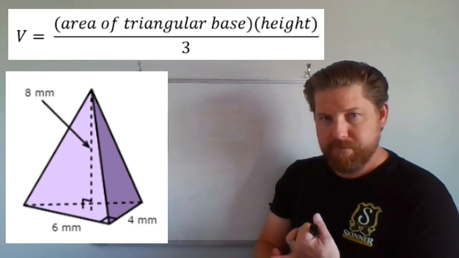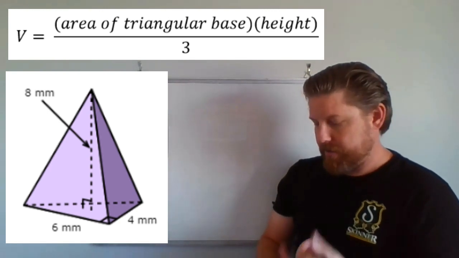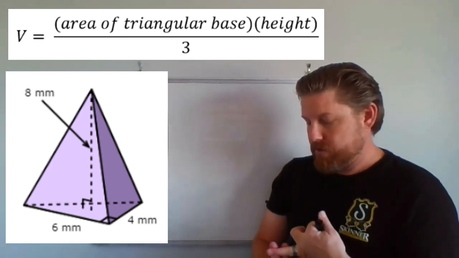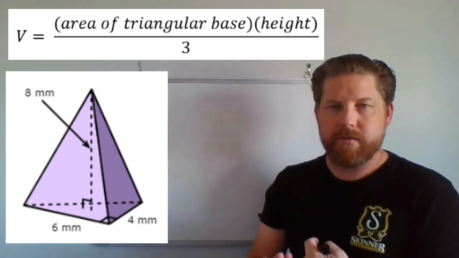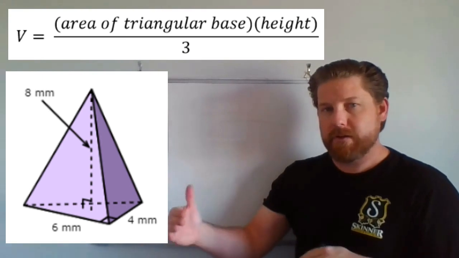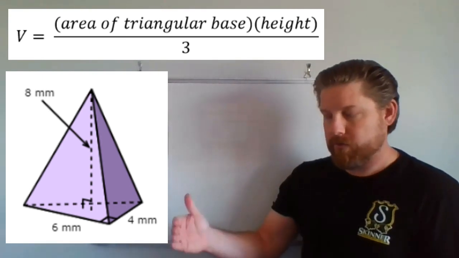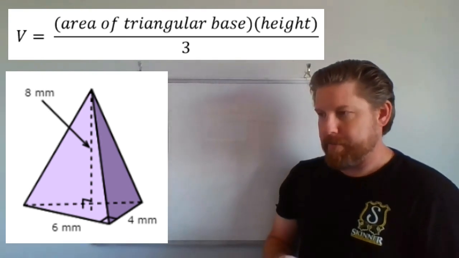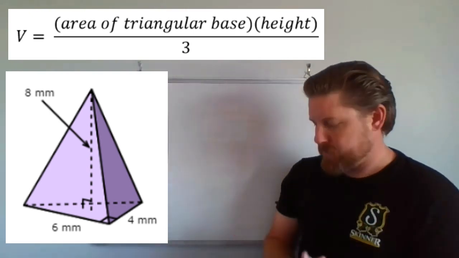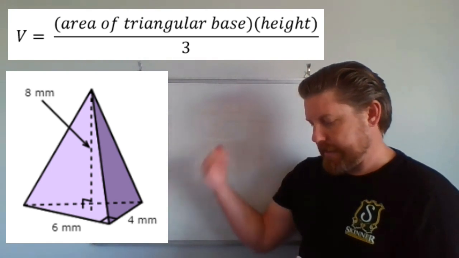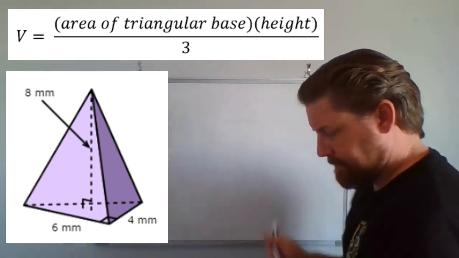The volume of a cone, we divide by 3. The volume of a rectangular pyramid, we divide by 3, and the volume of a triangular pyramid, we divide by 3. So volumes of pyramids are divided by 3, volumes of cones are divided by 3, but the prisms, if there's a triangle, you divide it by 2. Okay, so let's just get into this triangular pyramid here.